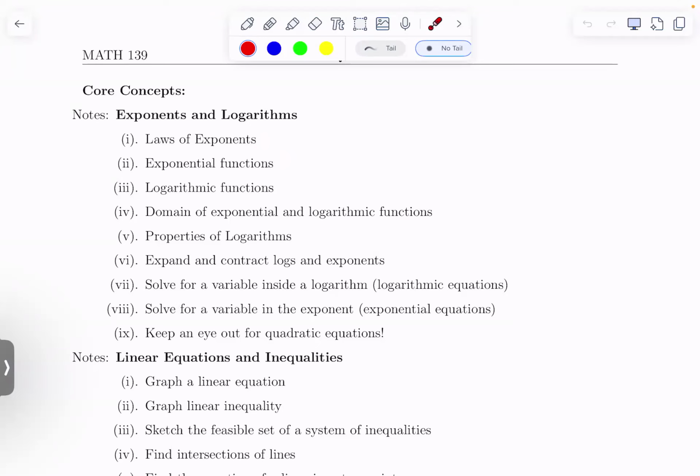You have to know the domain of exponential functions is all real numbers, but for logarithmic functions, let's just remember that if f of x is the log of x, then x has to be greater than 0, right? I can't take the log of a negative number, nor 0, right?